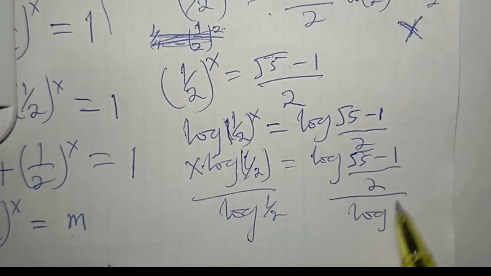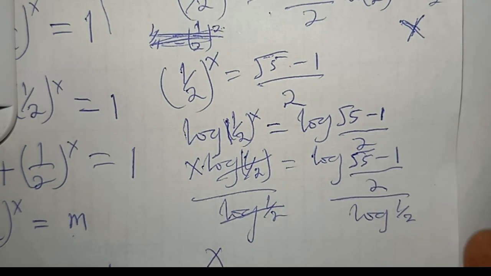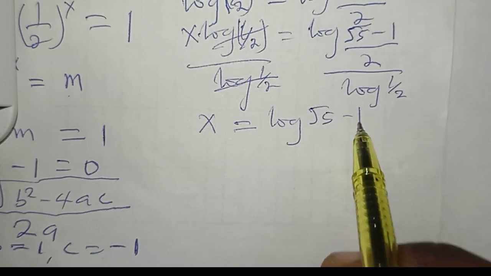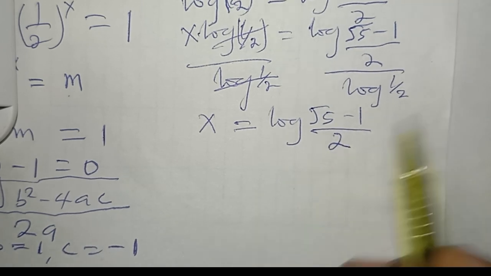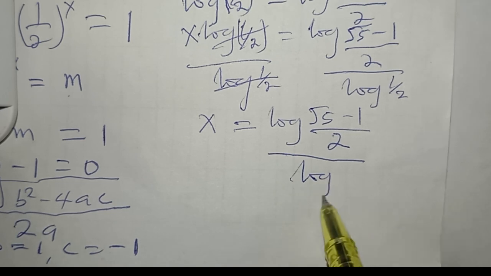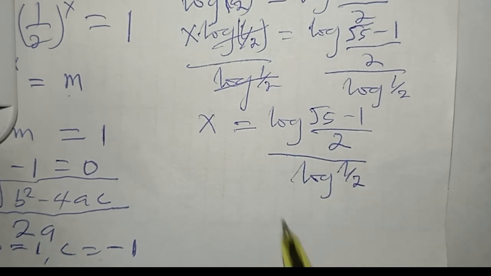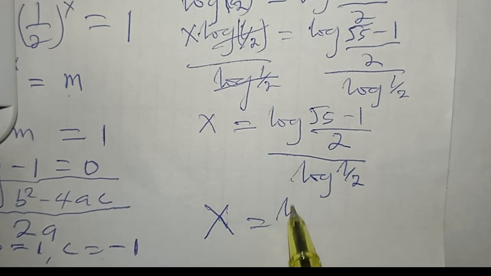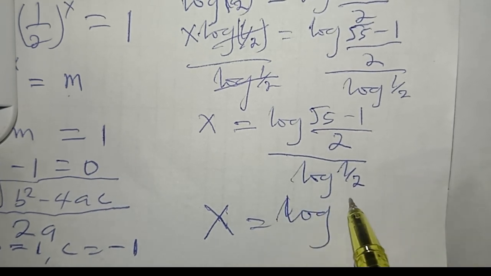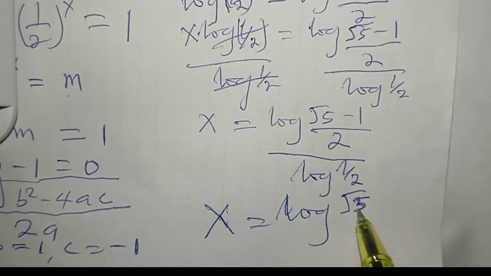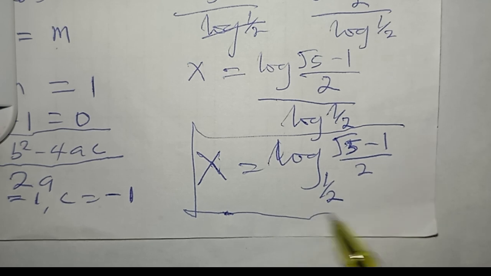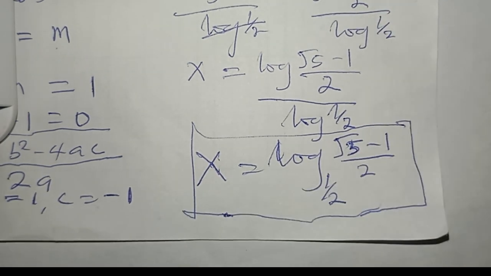This log 1 over 2 cancels this, and then x becomes equal to log of root 5 minus 1 divided by 2, divided by log 1 over 2. So I can also write the final value for x as log of root 5 minus 1 divided by 2 base 1 over 2. So this is the final value of x that satisfies the question we are solving.